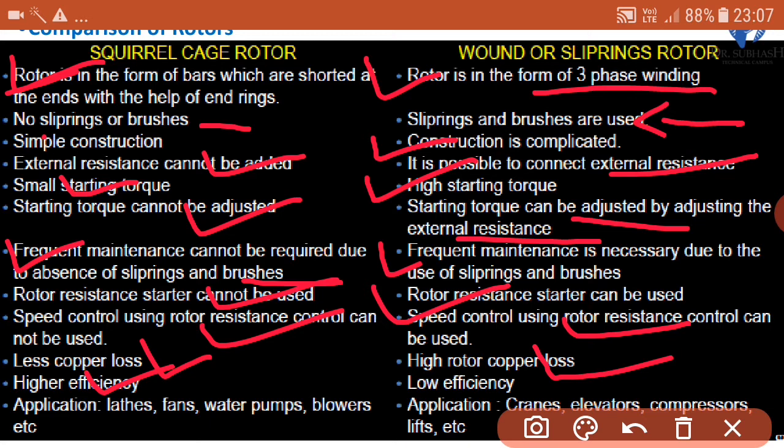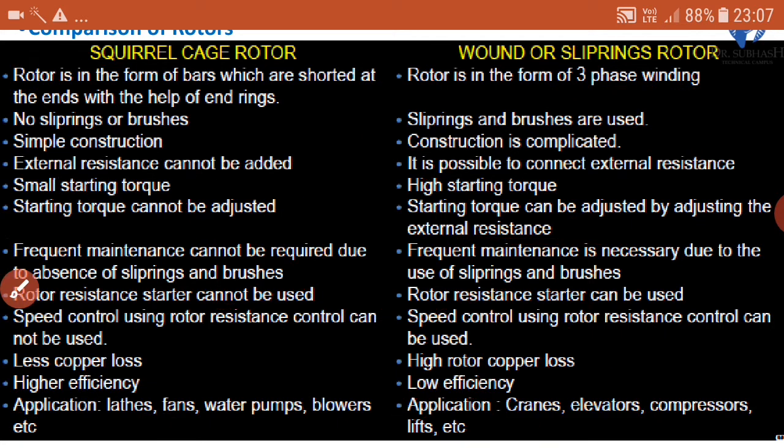So efficiency of slip ring rotor is low as compared to squirrel cage motors. Now, applications of squirrel cage motor: lathe machine, fans, water pumps, blowers, etc. And for heavy loads we can use wound or slip ring rotor. Cranes, elevators, compressors, lifts, etc. are the applications of wound rotor or slip ring rotor.